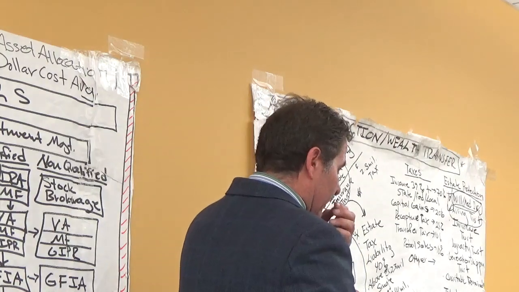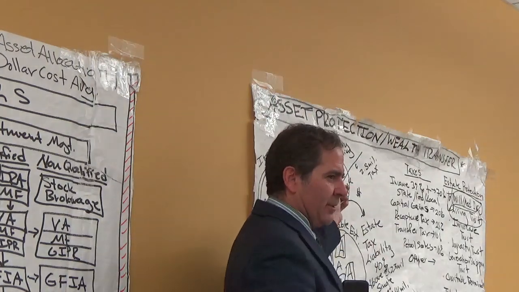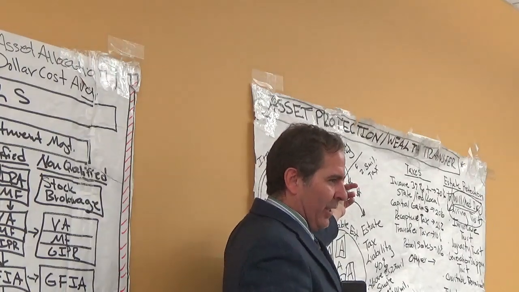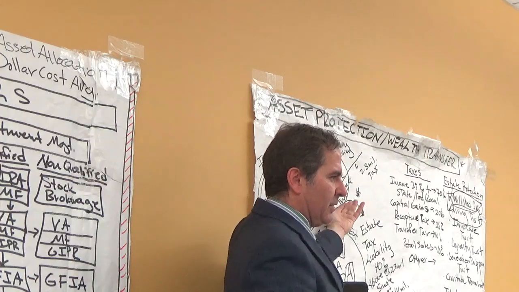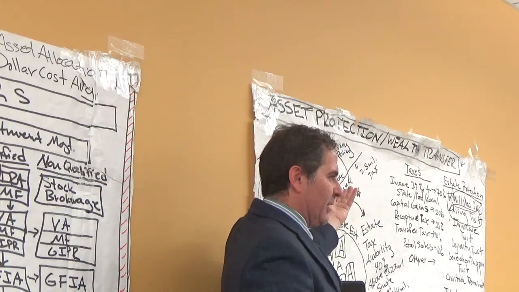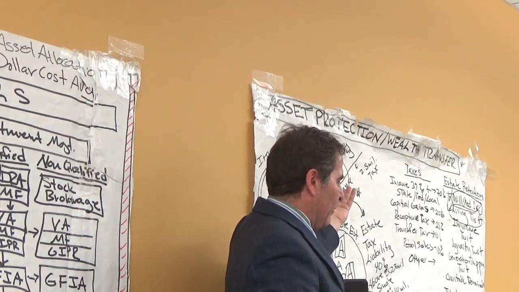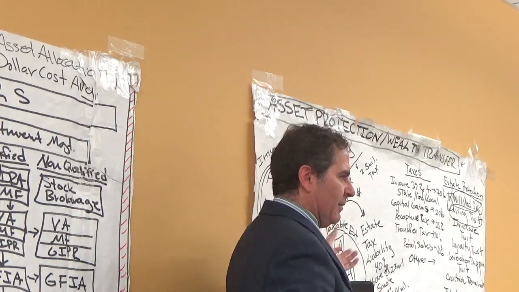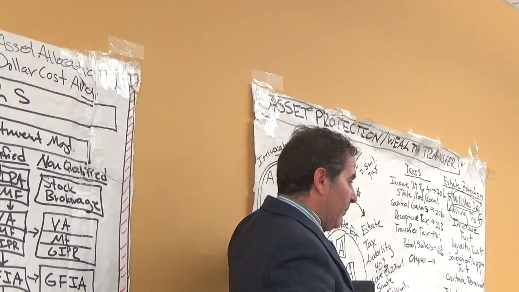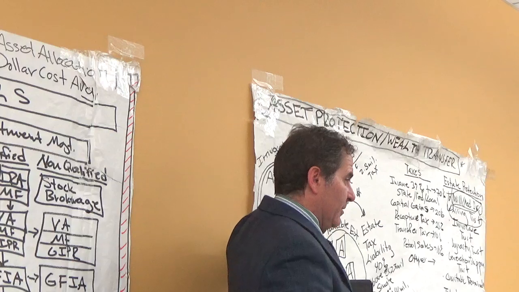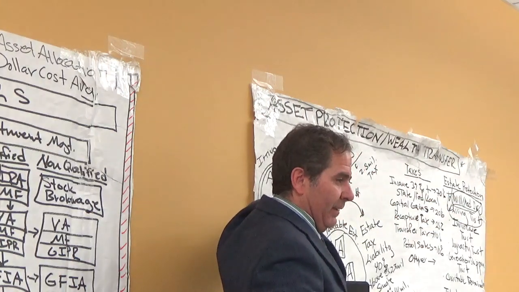So what's the solution? The solution is what is called the irrevocable life insurance trust. Oh, I said the dirty word again, life insurance. It's called an irrevocable life insurance trust. It's a trust where the trust itself is the beneficiary of the life insurance policy. And what you do is you take money from here to fund the premiums on the life insurance, so that when you die, the trust receives the death benefit.